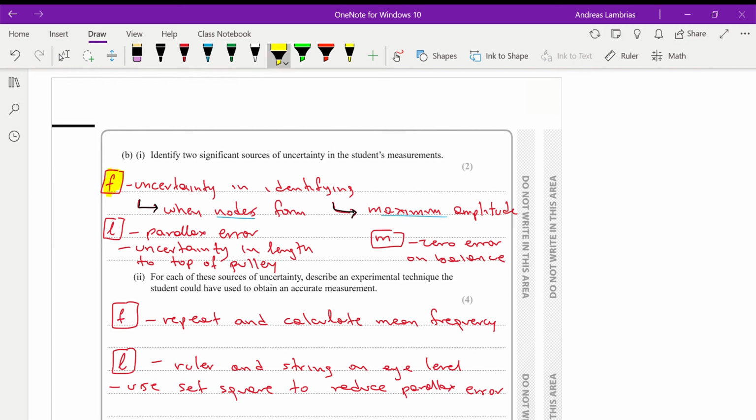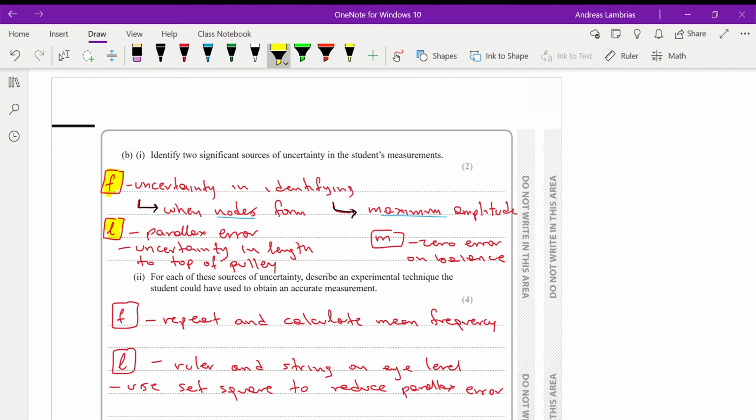Now the next source of uncertainty has to do with the length. The length is a measurement that we make using a ruler, and every time we measure with a ruler there's some parallax error.